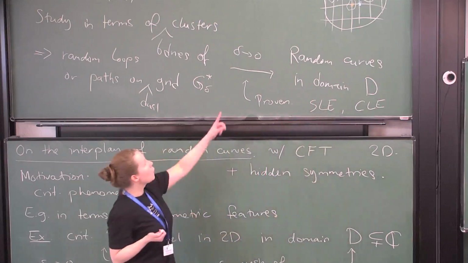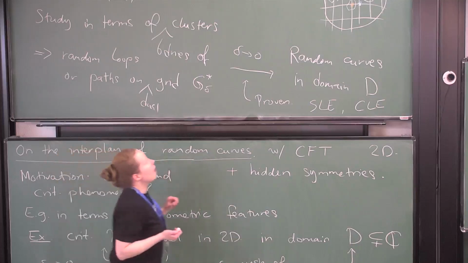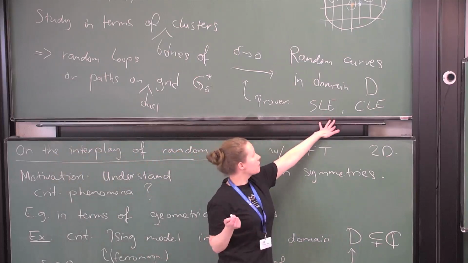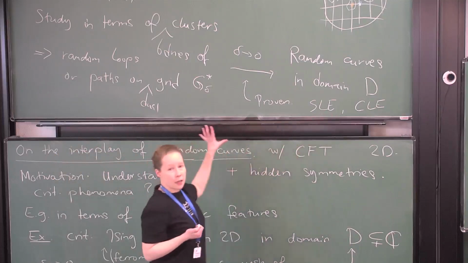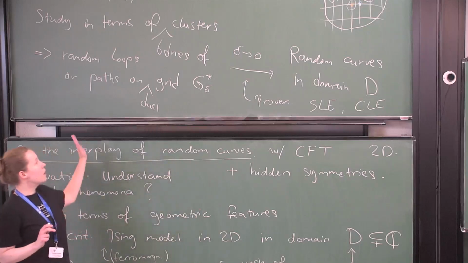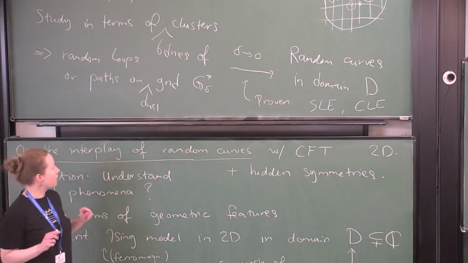So paths would go between boundary points. I will make another picture for it. And then there's some parameter that parameterizes the universality class. So this is one example model, but you have a plethora of critical models that should have a similar kind of description. Okay.